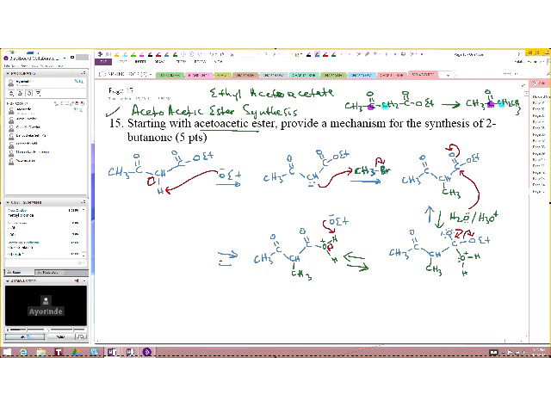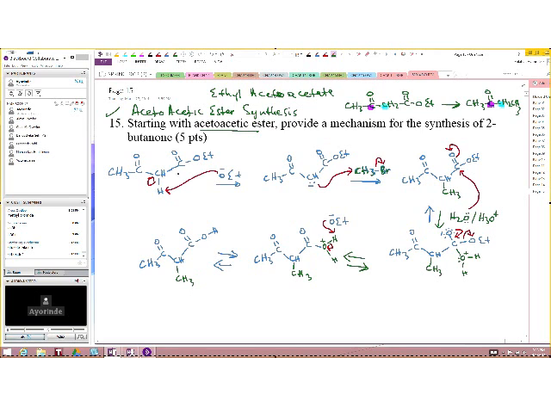If you notice here, this is the reverse of the Fischer esterification. So now we have this here. Now we've gone from the ester.